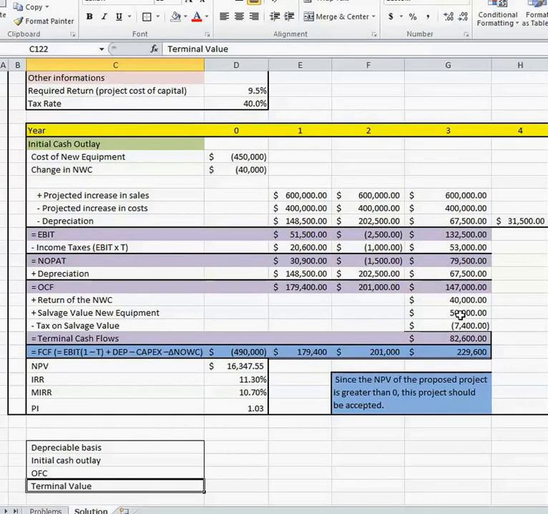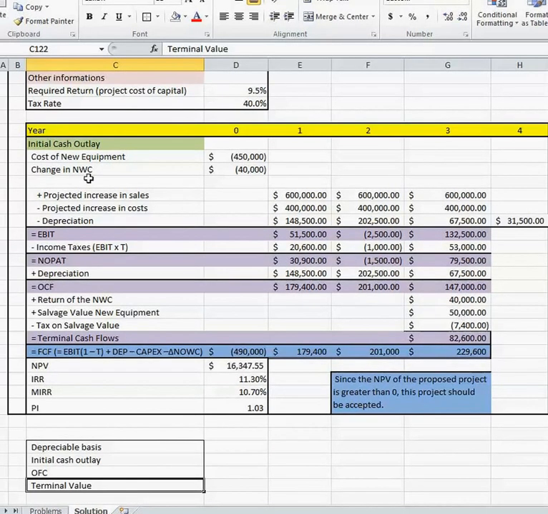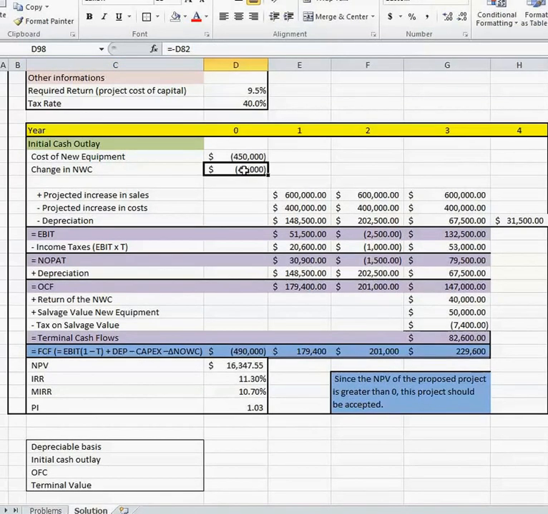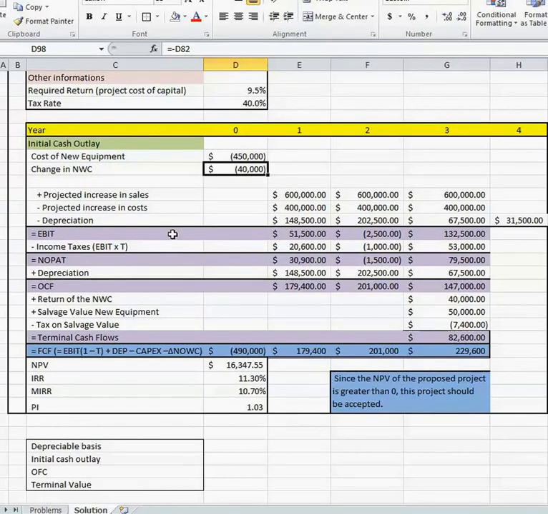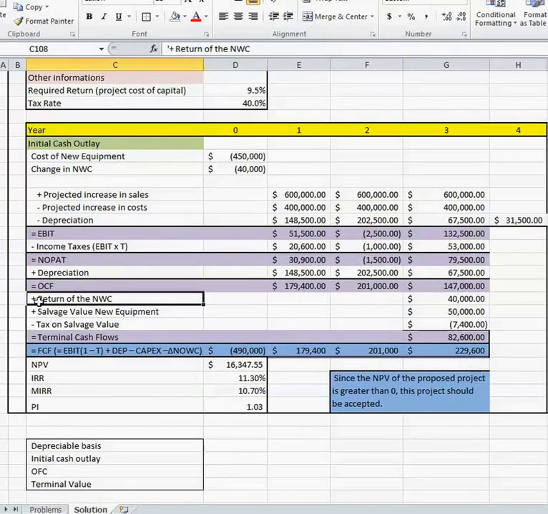Let's think about it. We put net working capital aside to run the project, right? Whenever you end the project, you don't need to put that money aside anymore, so you get that money back. That's why I put this plus sign.